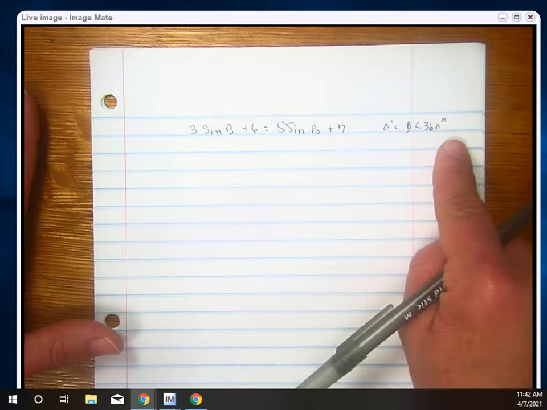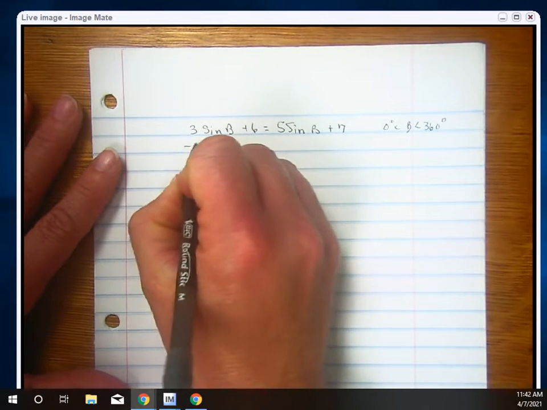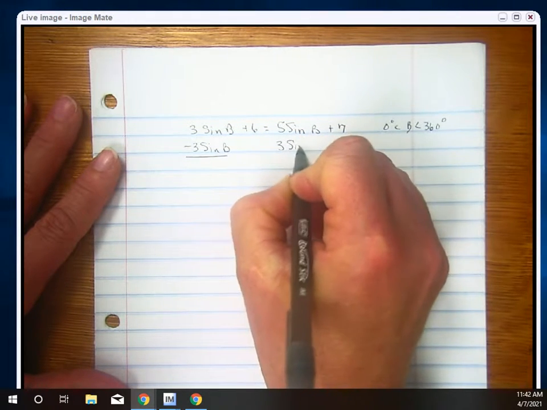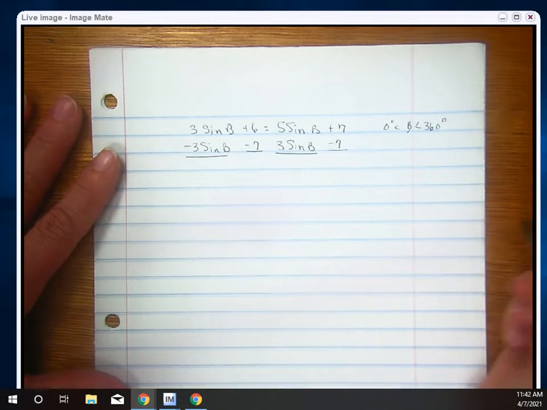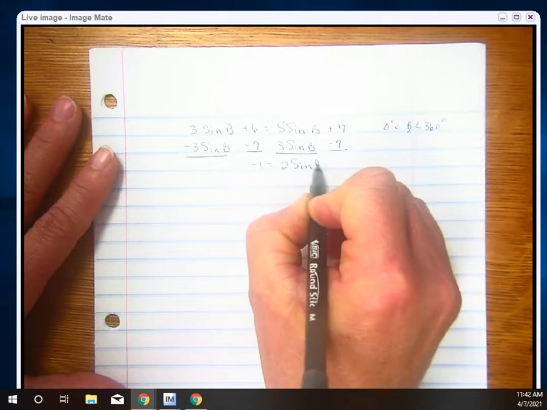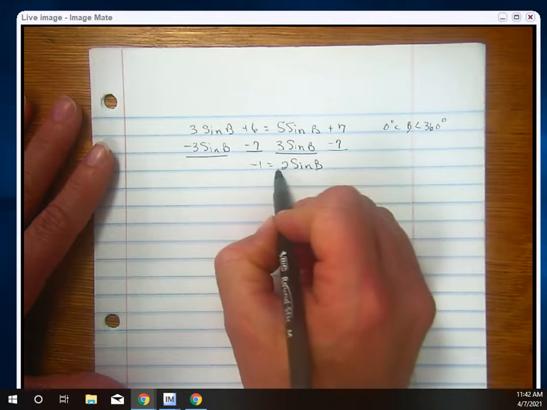We have got to get the sine betas on the same side. So we're going to subtract the 3 sine beta from the 5 sine beta, and we're going to subtract the 7 from the 6, and we're trying to get beta on a side by itself. So we're going to divide by 2.